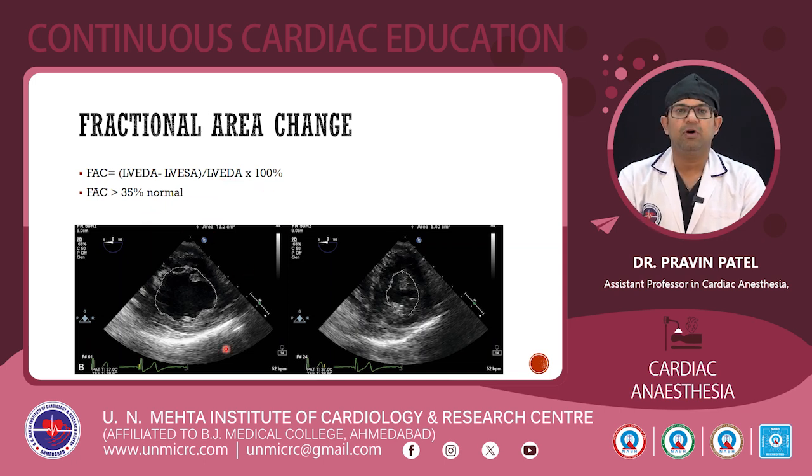Now again the problem here is with the area we demarcate. If the regional wall motion abnormality is outside of this area, then the fractional area change will be overestimated, and vice versa. If the regional wall motion abnormality is within the delineated line, then the fractional area change will be underestimated.